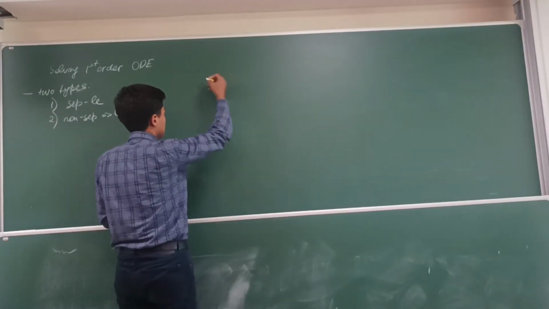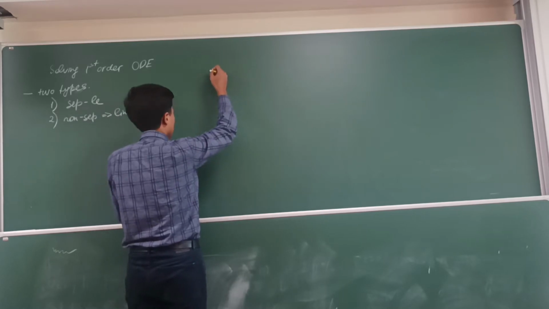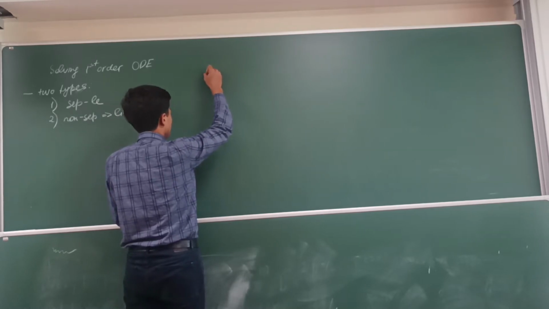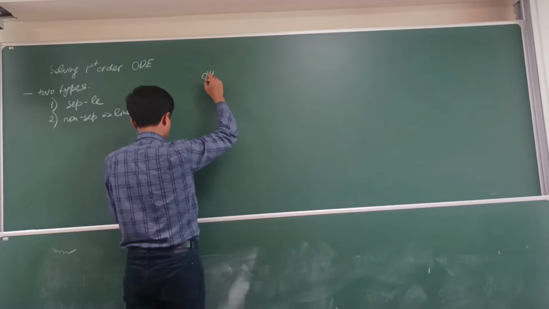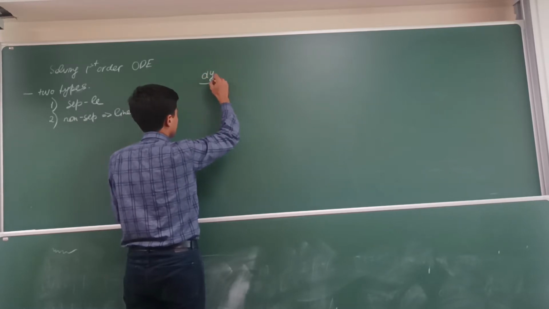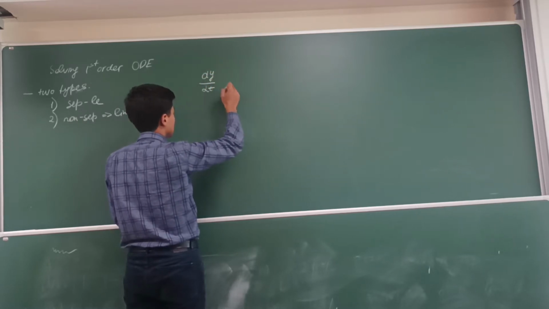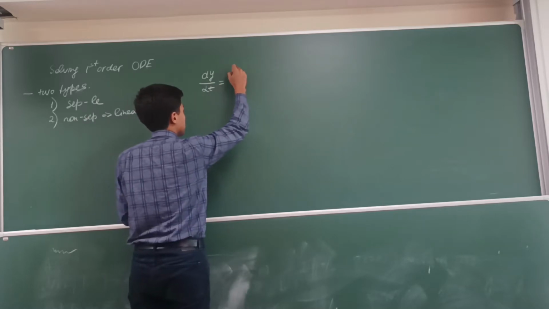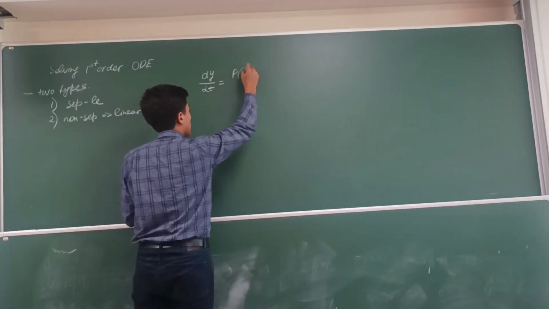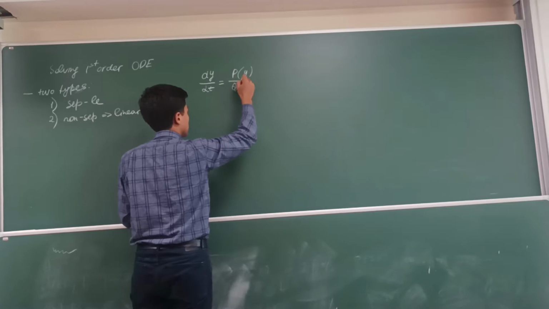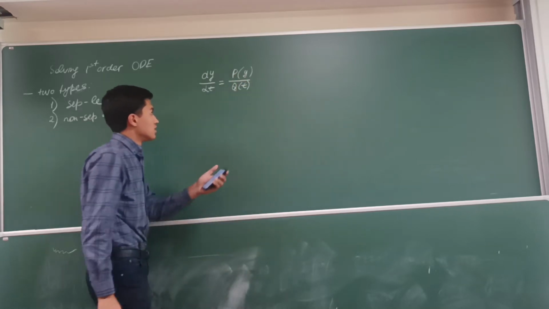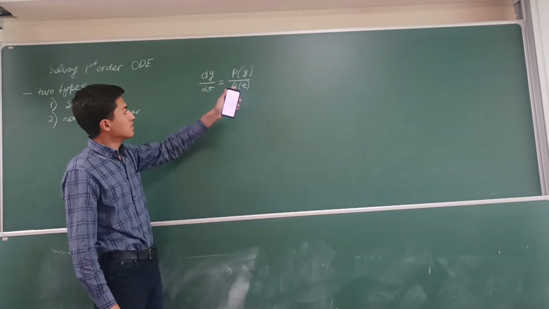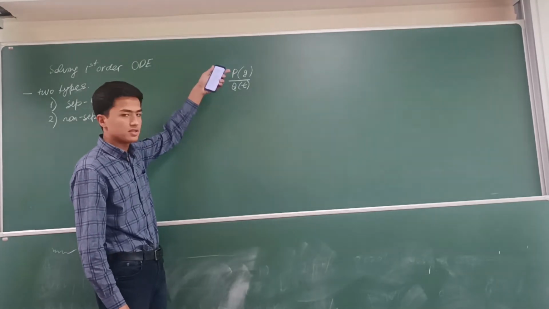For example, by definition, if you have dy/dt equals P(y) Q(t), what does it mean? P is a function whose independent variable is y.